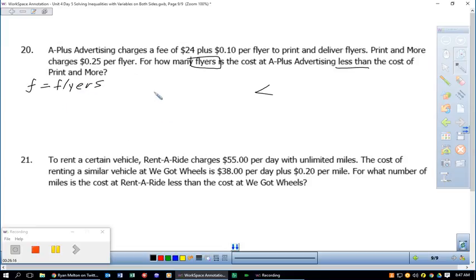So what can we write as an expression for A+ Advertising? They charge $24 plus 0.1 F. And that's less than Print and More, which is 25 cents per flyer.